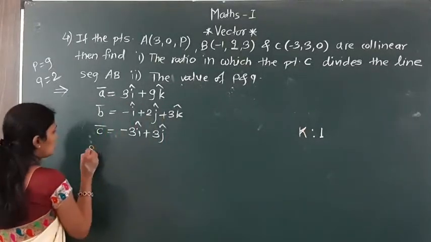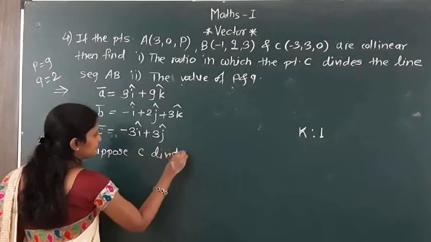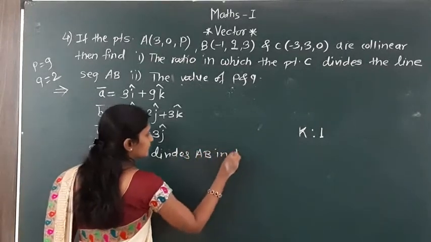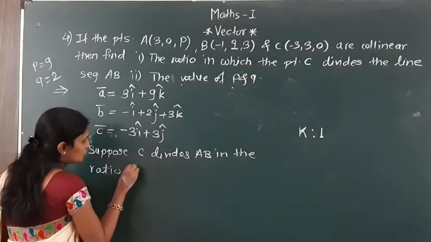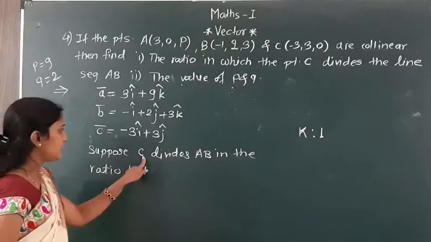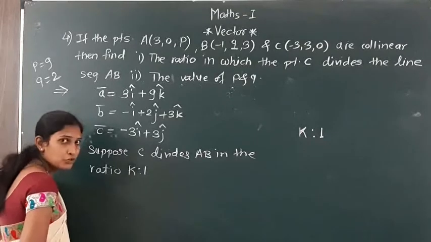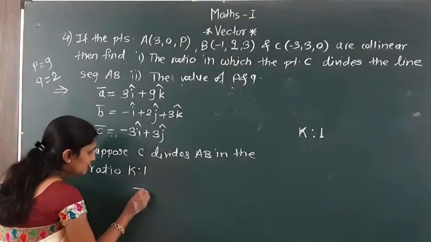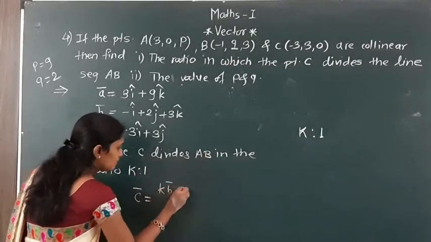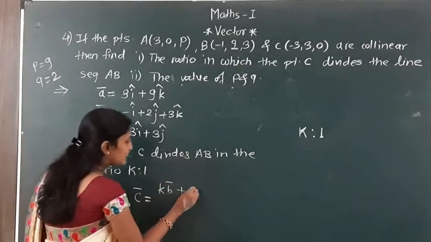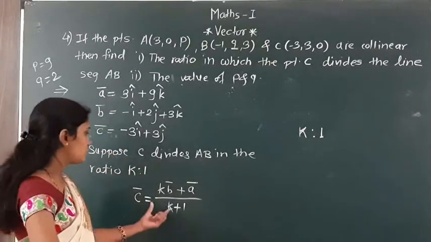Now, suppose C divides AB in the ratio k is to 1. Then by using the section formula, we have C bar is equal to k B bar plus 1 A bar, divided by k plus 1. This is our section formula.